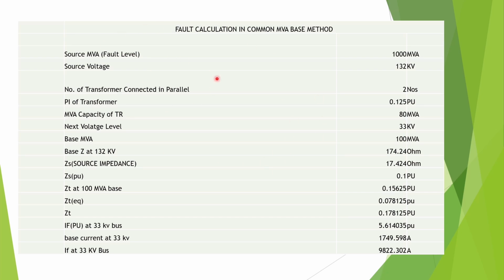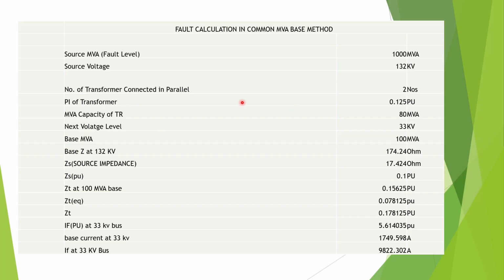Now we'll verify the fault current at the 33 kV bus by means of the common base method. Here the source MVA given at the 132 kV bus is 1000 MVA, and the source voltage is 132 kV.